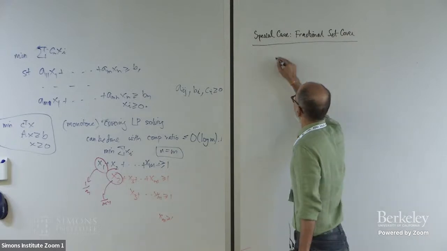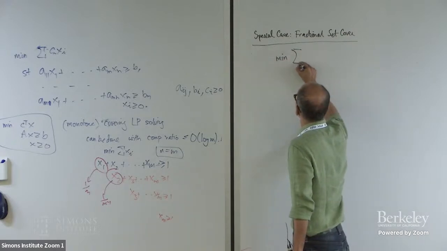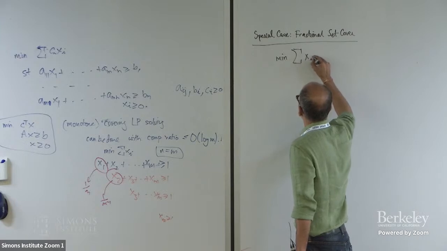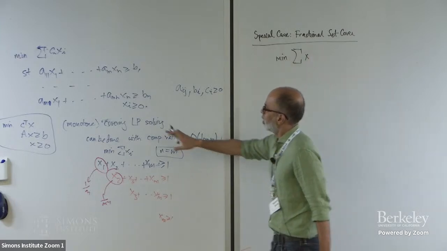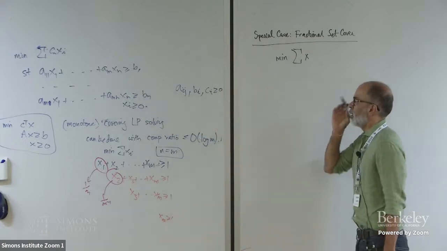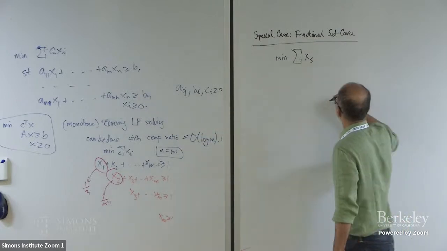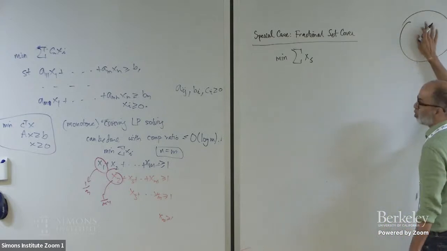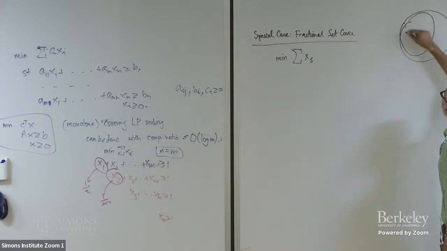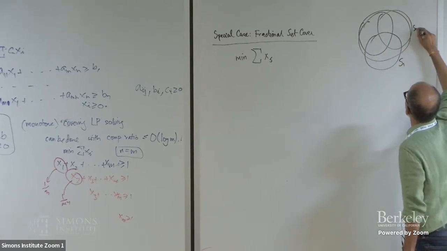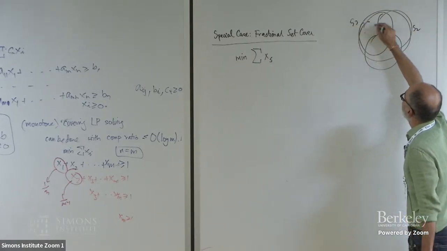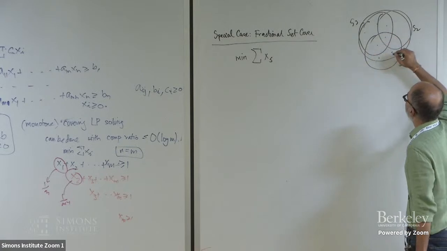And the thing looks like minimize summation. In fact, imagine all the columns are sets. So what is set cover? In set cover, there's a universe and there's a bunch of sets, S1, S2, S3, and there are elements which belong to some of these sets.